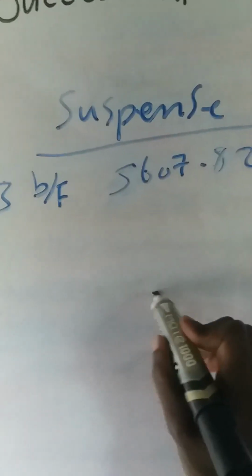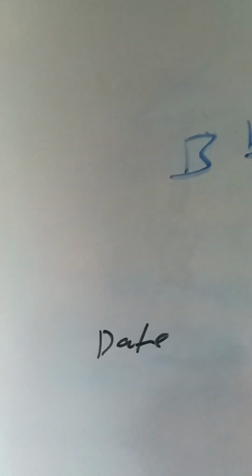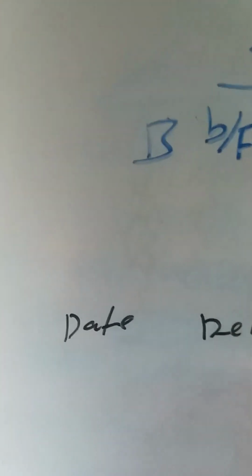Then we proceed to the journal where we correct errors. Okay, so the journal will look like that. Like I said, the format is date here and then debits.